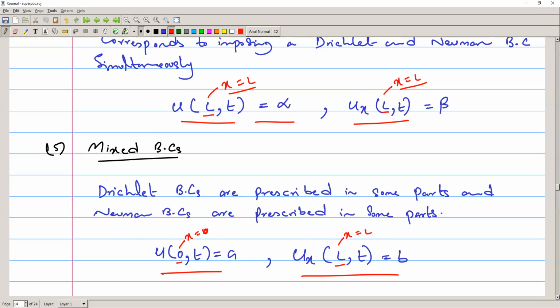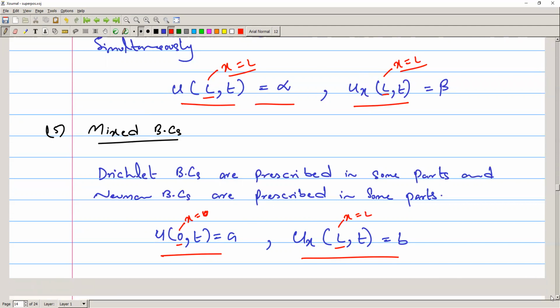So these are the boundary conditions. And if we want to interpret these, so we can say that u of 0 comma t, let's say at point x equals 0, if this temperature is 0, and at point x equals L, temperature is some constant B, then we might say that the end A is kept insulated, and at end B we are giving some constant heat, right?